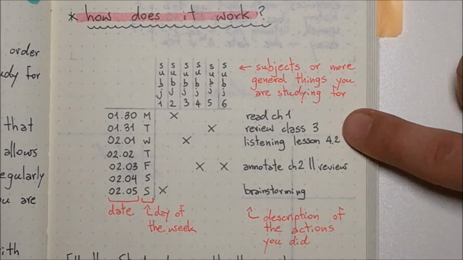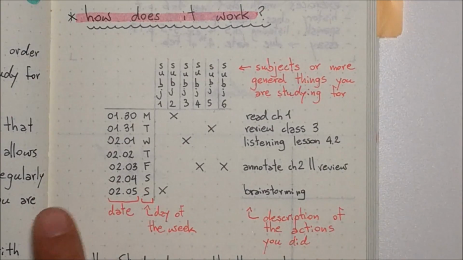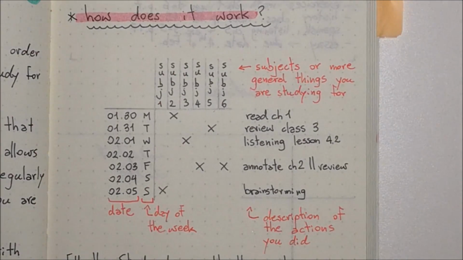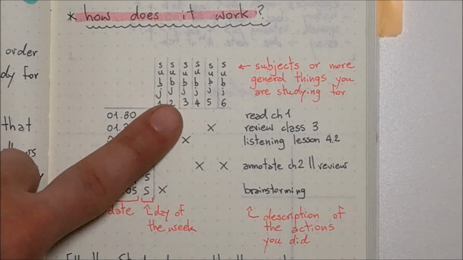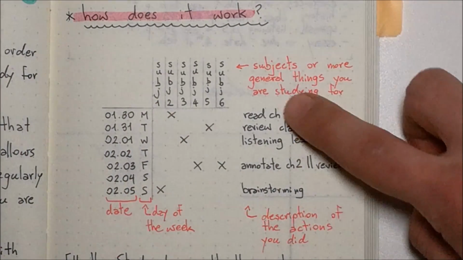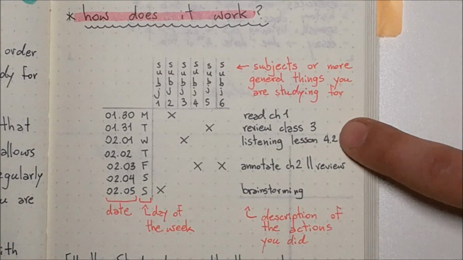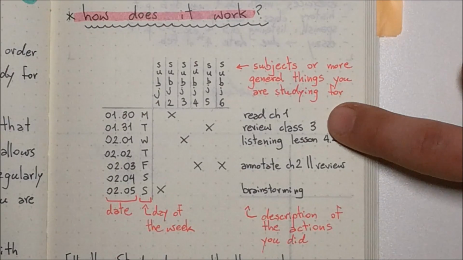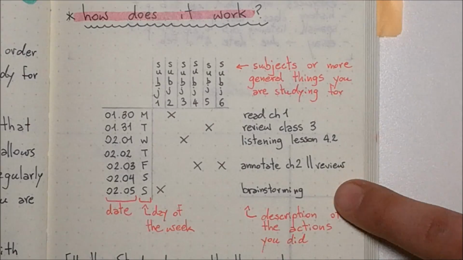In this part of the study log, you put a brief description of what you did. So for example, on the 30th of January, which is the very first line right here, you worked on subject 2 and you read chapter 1. On the 31st of January, you worked on subject 5 and you reviewed your class 3, and so on.